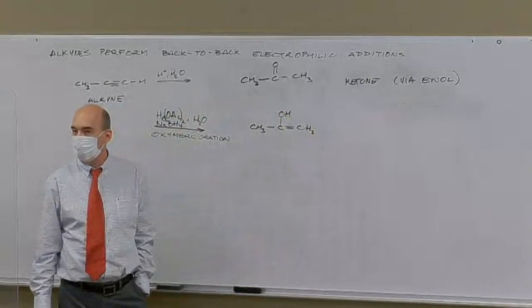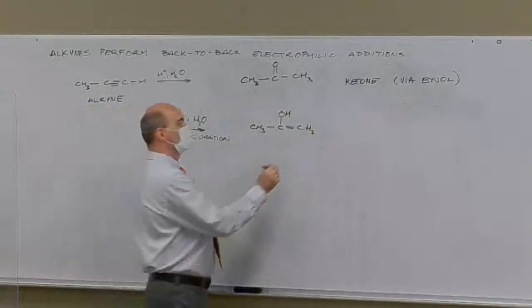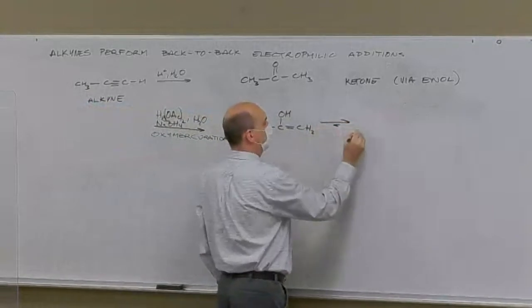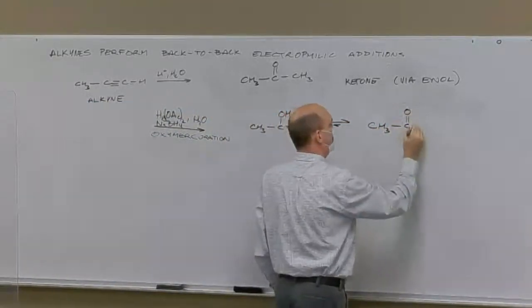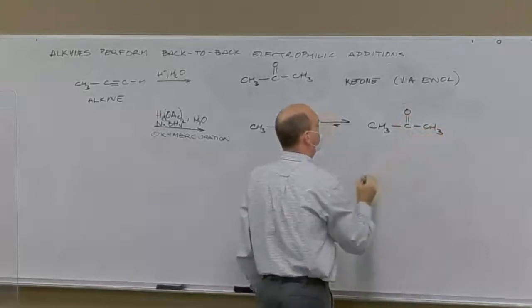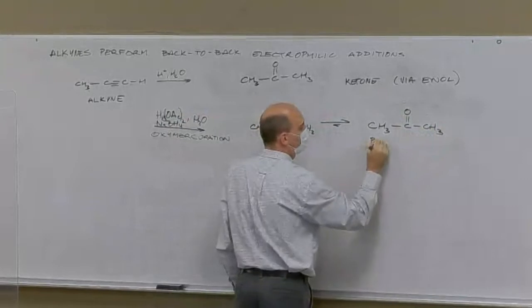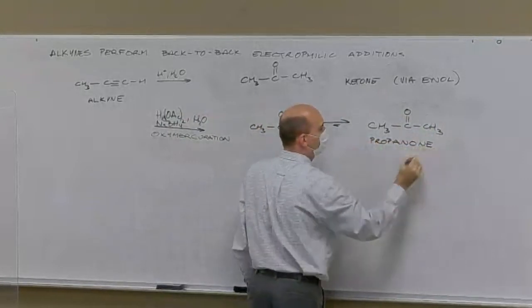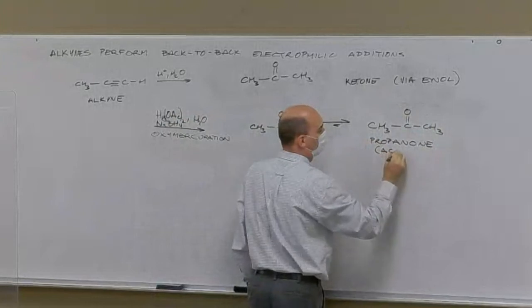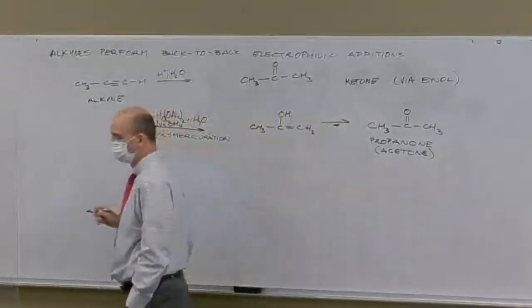It's the same enol that we had before. And that will rearrange to give me the same ketone. Correct name for this ketone that we're building today is propanone, also known as acetone.